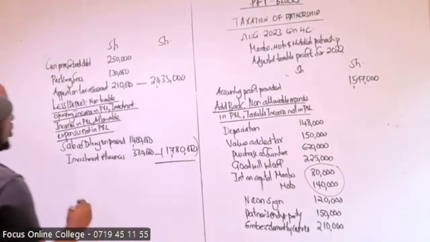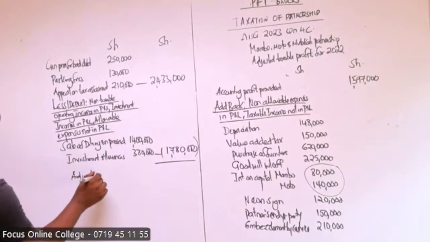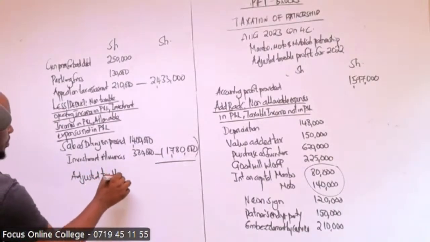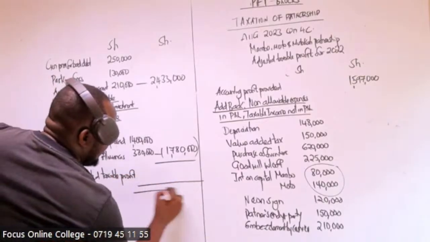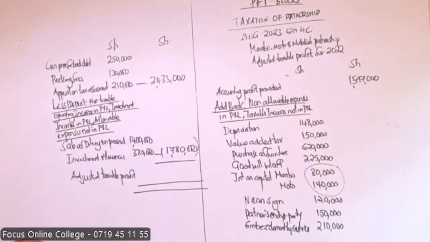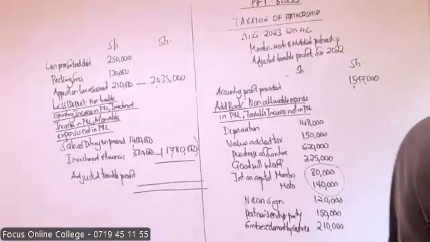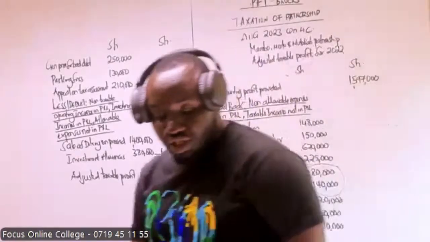Then we have the adjusted taxable profit. What is the figure for the adjusted taxable profit?